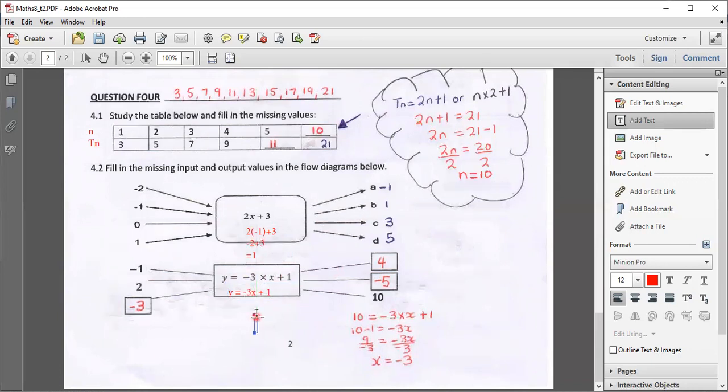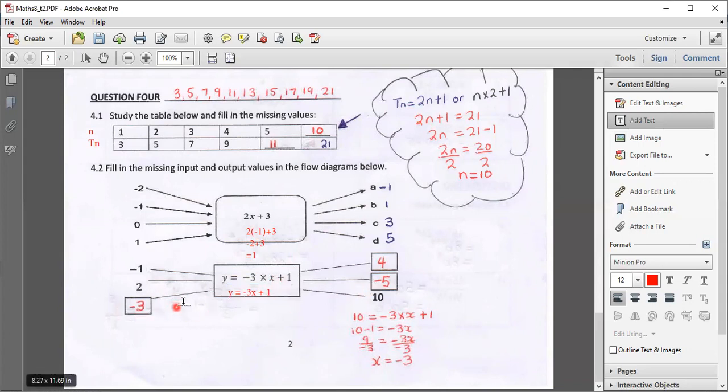That's another way of writing that. So if you substitute -1 here, or you can use your calculator as well, -3 times -1, which is +3, plus 1 is 4. When x is 2, it will be -3 times 2, which is -6, plus 1 is -5.